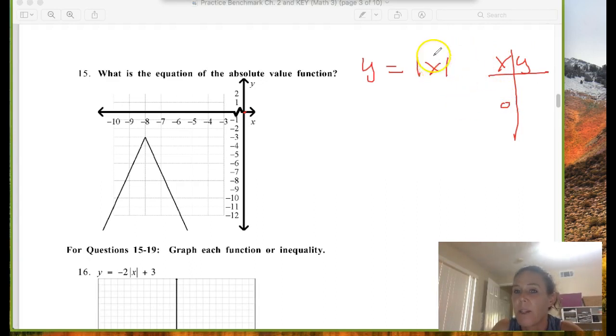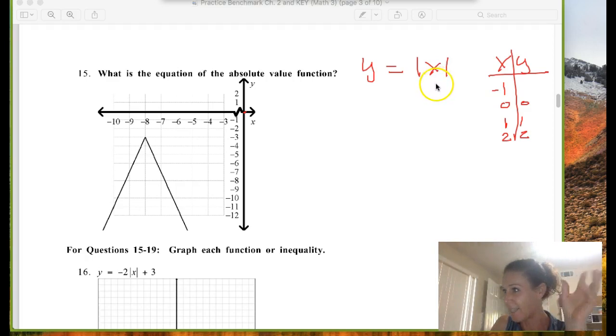If I plug in 0, the absolute value of 0 is 0. If I plug in 1, the absolute value of 1 is just 1. If I plug in 2, the absolute value of 2 is just 2. If I plug in -1, the absolute value of -1, absolute value turns everything positive because it represents distance from 0 on a number line, and distance is positive.